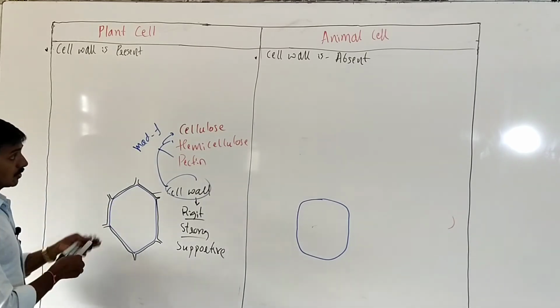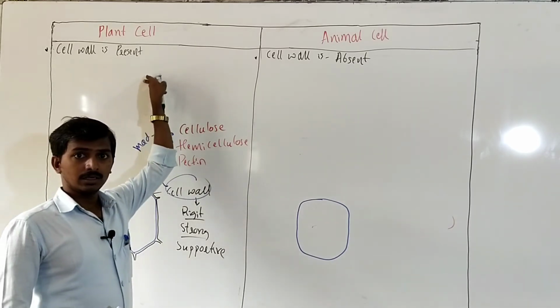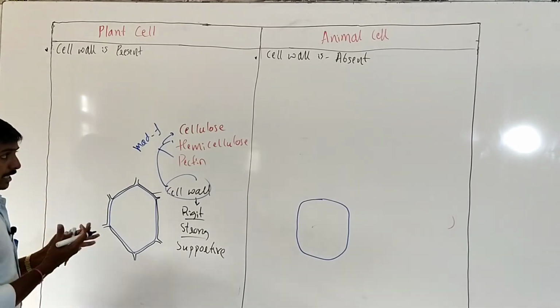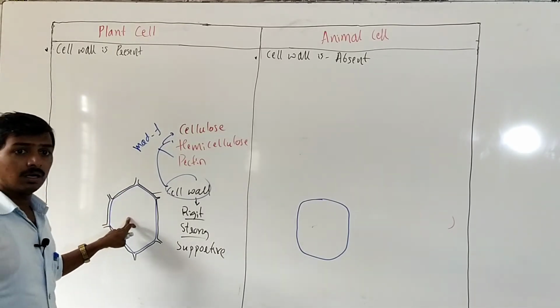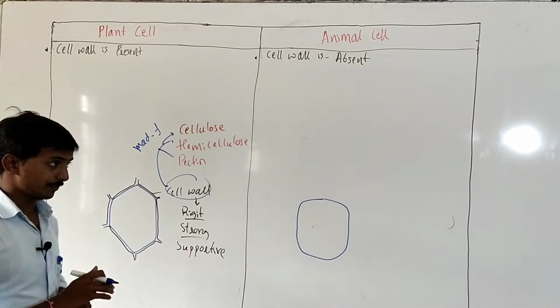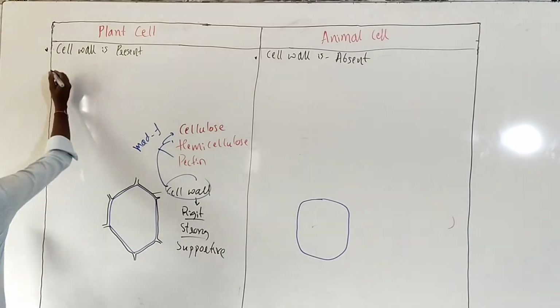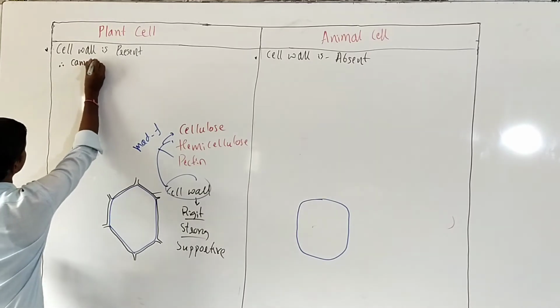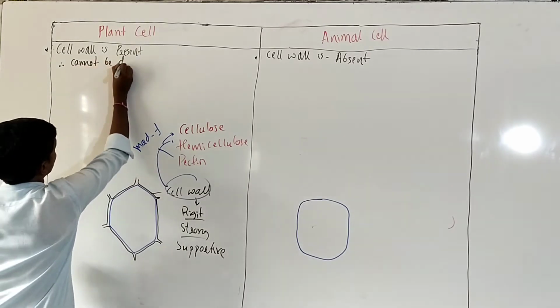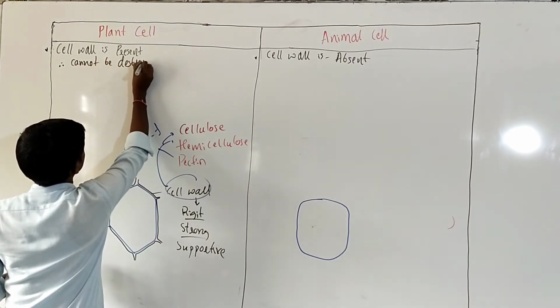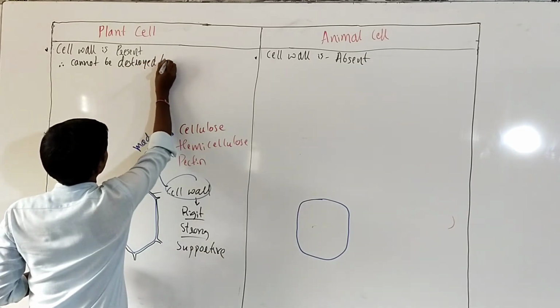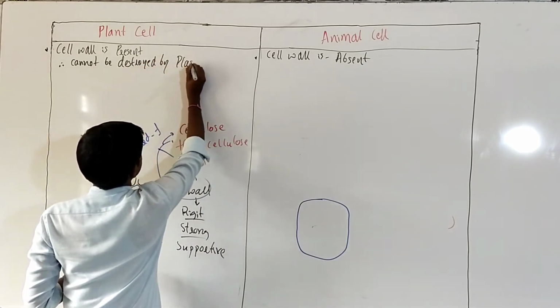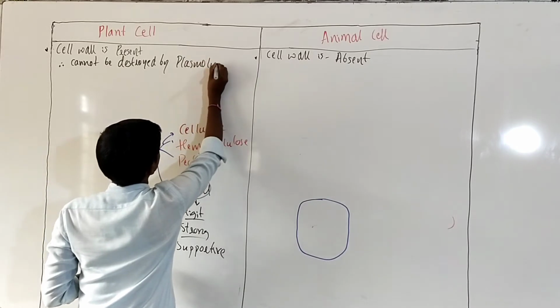Because of this, the cells undergo plasmolysis, but they do not undergo breakage. Therefore plant cells cannot be destroyed by plasmolysis.